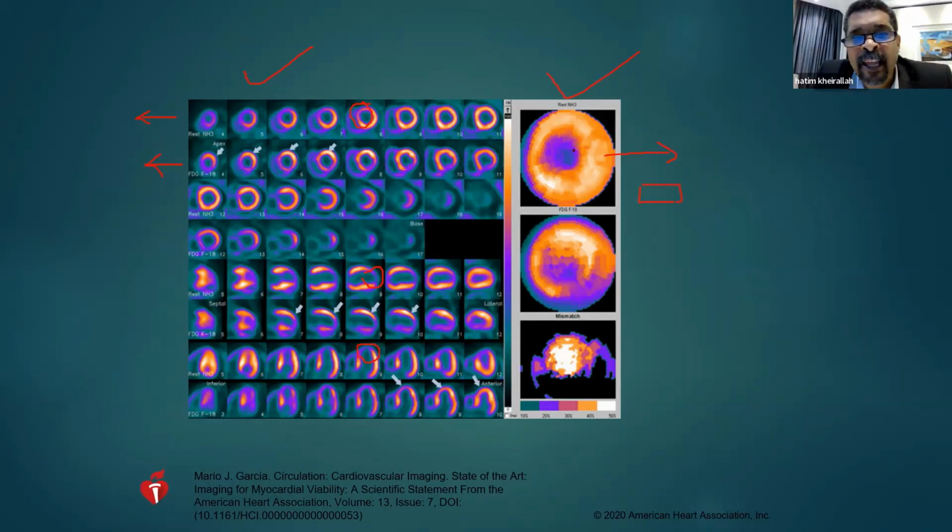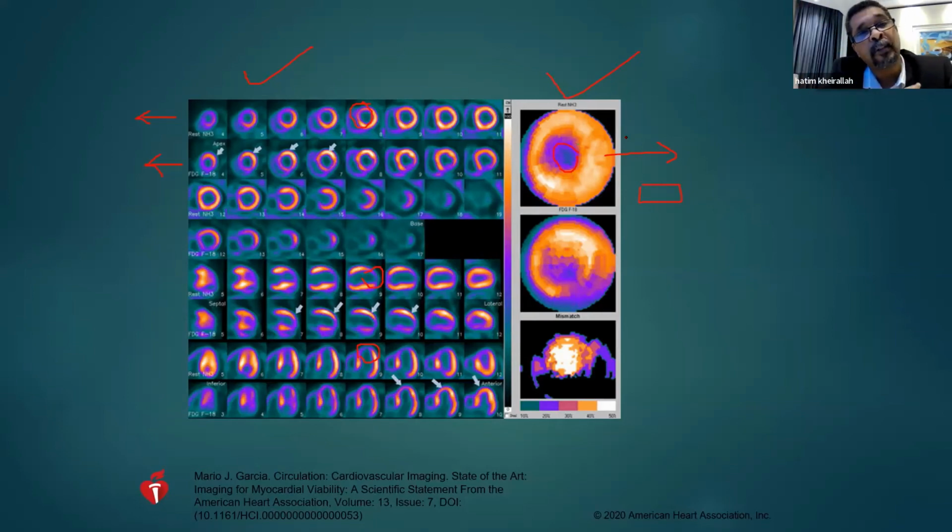So anything like this one here, the blue, is defined as a percentage out of the entire polar map. So you get the exact percentage of ischemia versus normal. So this is a software game. It's not done manually or even by eyeballing. You do it by quantification with a dedicated software.